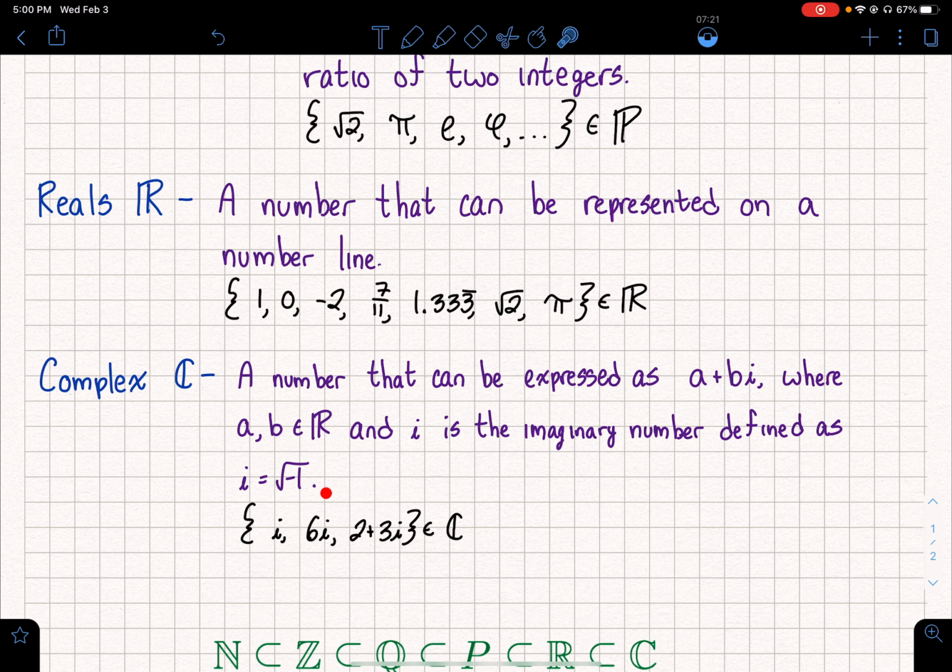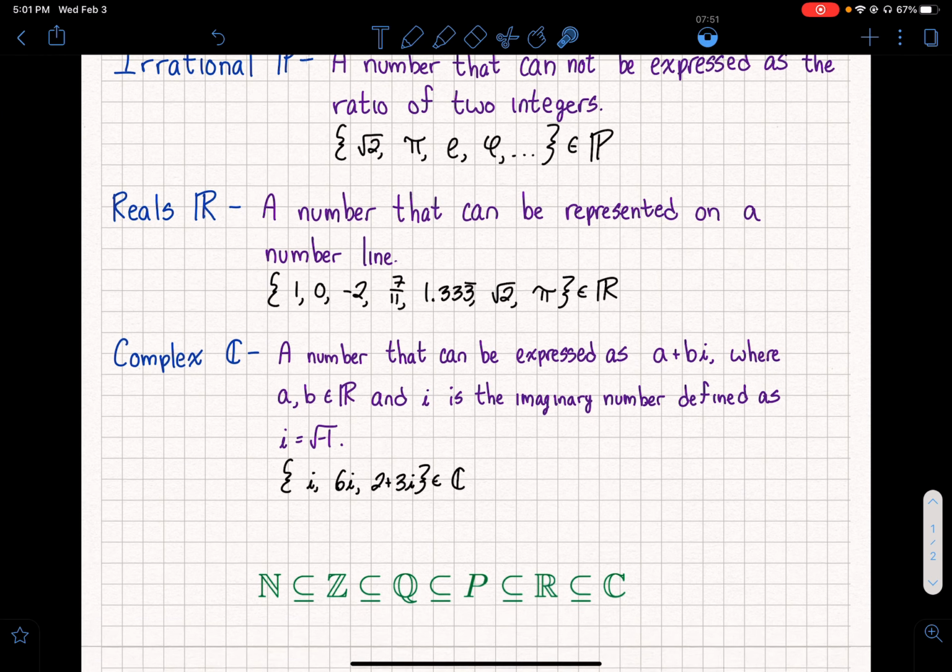If you're familiar with Euler's equation, what is it? e to the i pi plus 1 equals 0. Super elegant and beautiful right there. I'm no video game designer, but from what I understand, the imaginary number comes up a lot in video game design. But anyway, these are numbers that relate to i being the square root of negative 1. And here are some examples: i, 6i, 2 plus 3i, all examples of imaginary numbers.